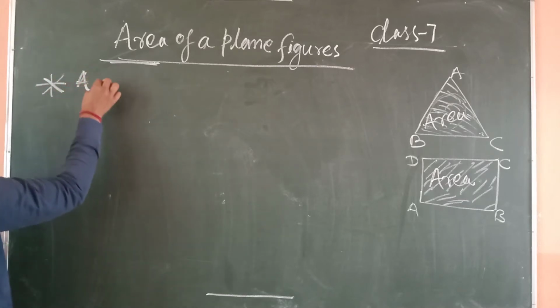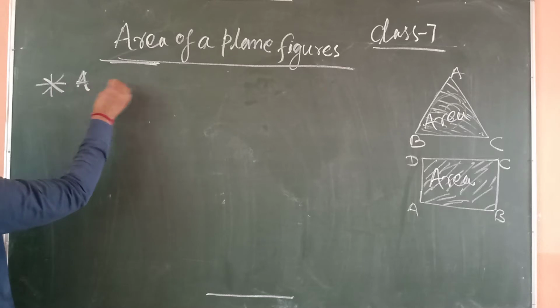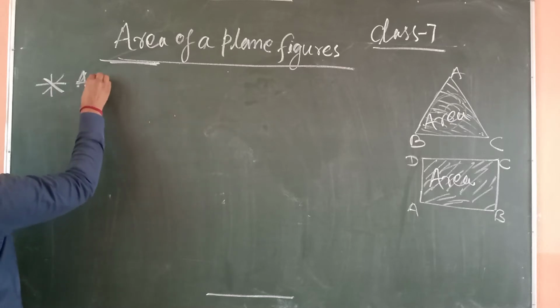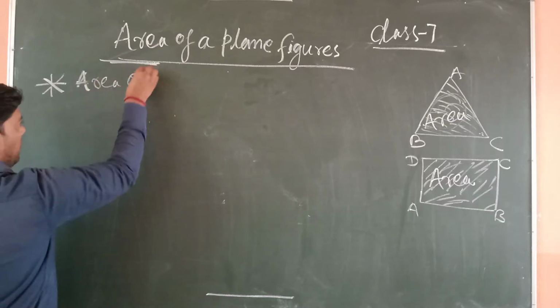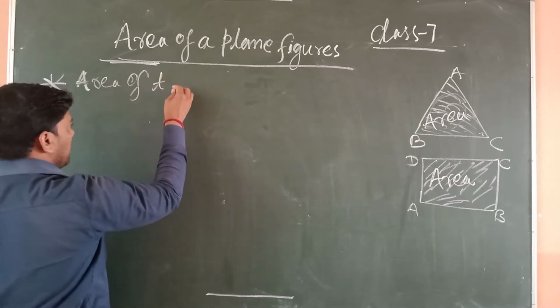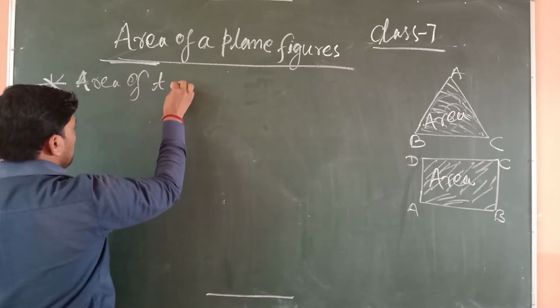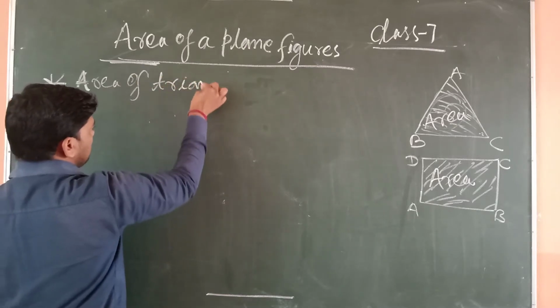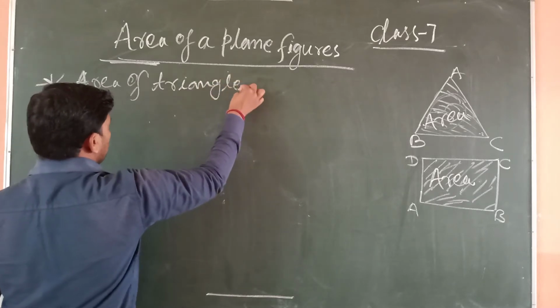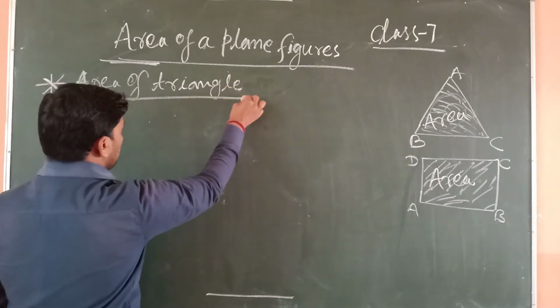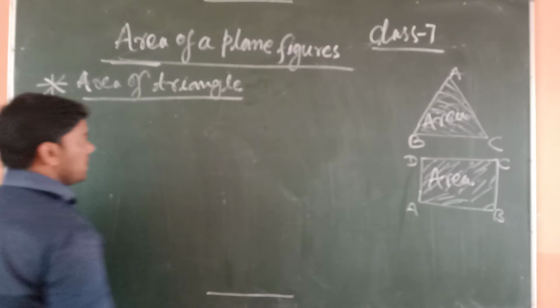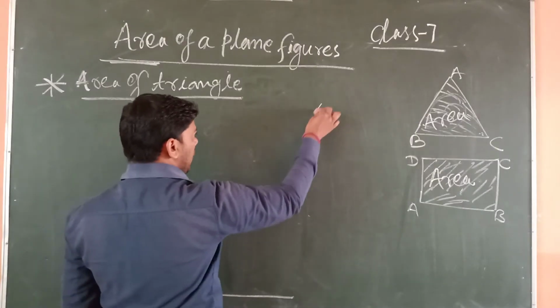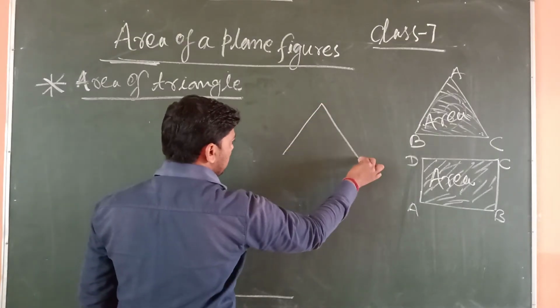First of all, we see the area of a triangle. There are some formulas for the area of a triangle. Area of a triangle if base and height are given.